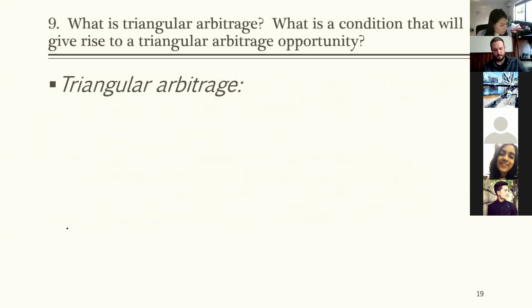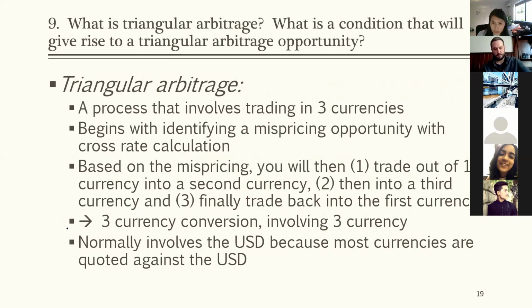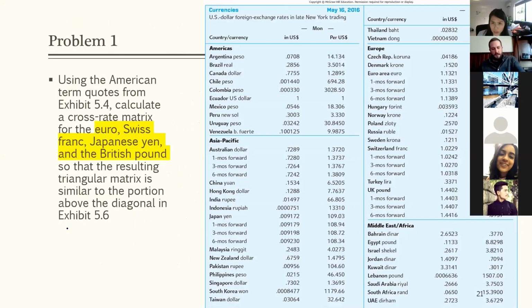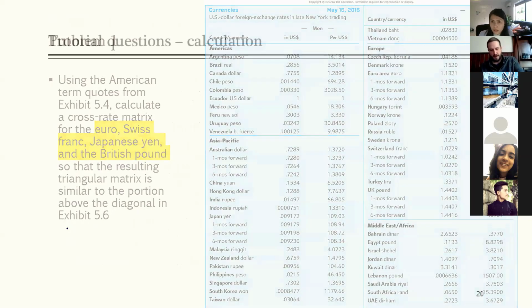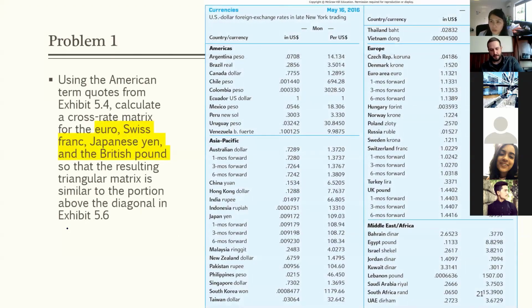Okay, so let me skip question 9 for now. We can go straight to problem 1, okay? In problem 1, we're given the exchange quotations for a few currencies, and we are asked to compute the cross rates for the following currencies.